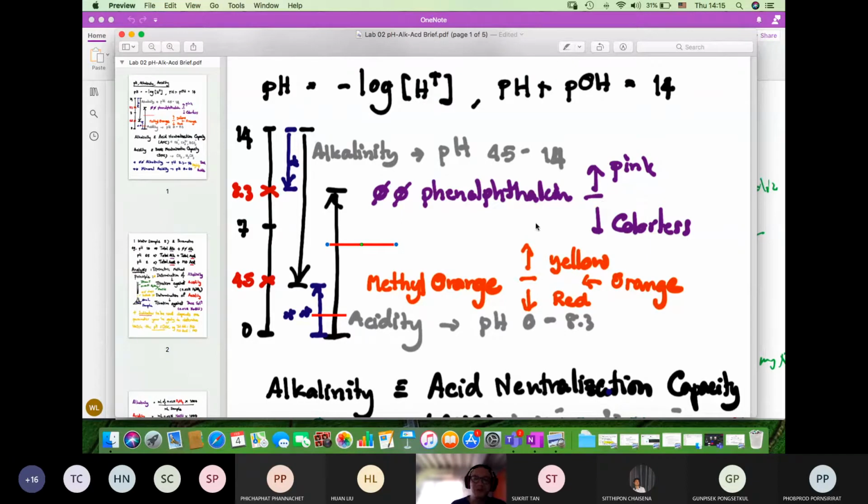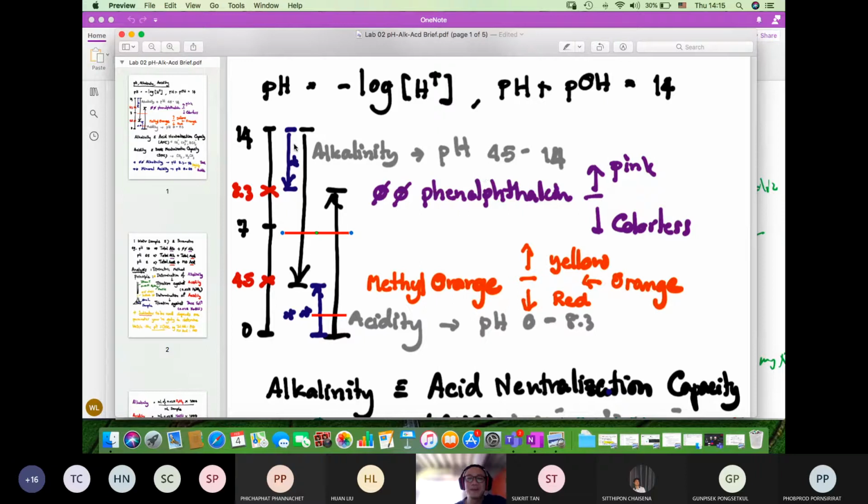From one sample, you can determine two of these parameters. For alkalinity, you can determine it only when the pH is between 4.5 and 14. But acidity, you can determine only when the pH ranges from 0 to 8.3. So beyond 8.3, there is no acidity. Similarly, below pH 4.5, there is no alkalinity.